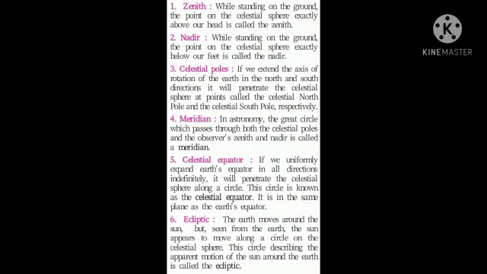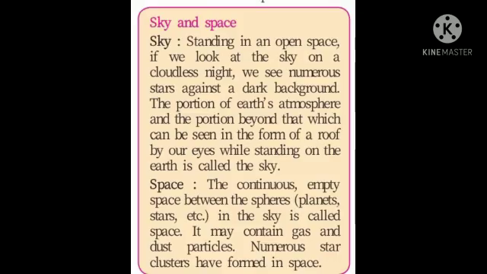Ecliptic. The Earth moves around the Sun, but when seen from the Earth, the Sun appears to move along a circle on the celestial sphere. This circle, which shows the apparent motion of the Sun around the Earth, is called the ecliptic.